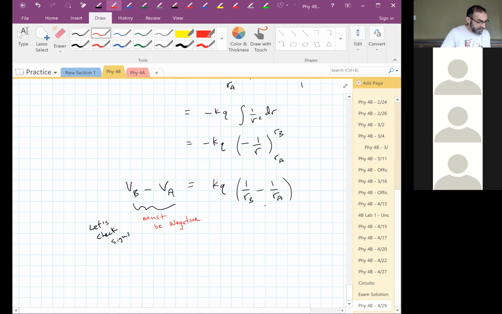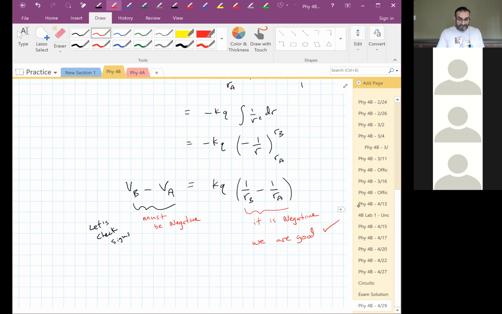So we come over here, is it negative? RB is larger than RA. So 1 over RB minus 1 over RA is a negative, right? Okay.